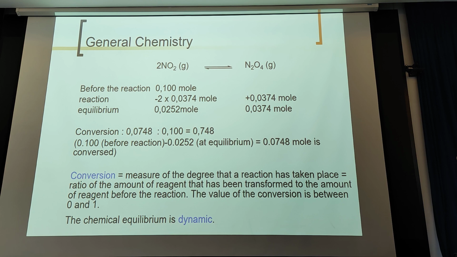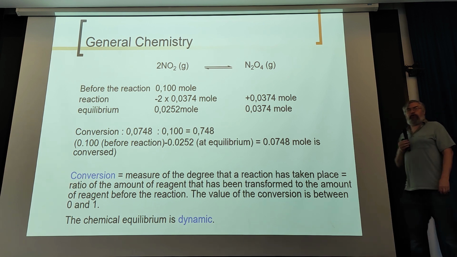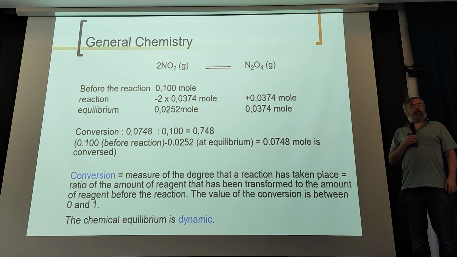Going on with this, we saw in the graph that we have a certain amount of moles of products and a certain amount of moles of reagents. We started with 100 millimole.